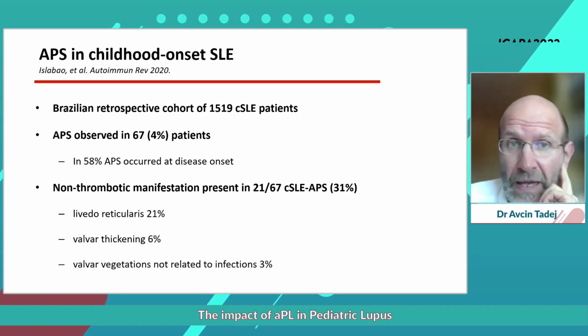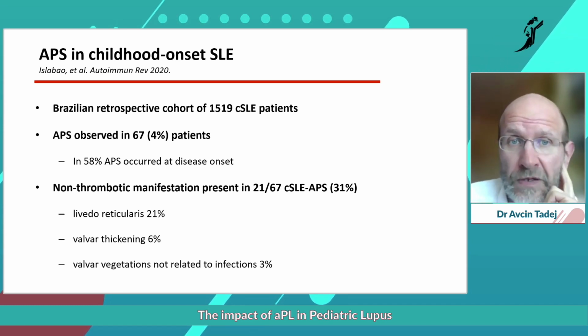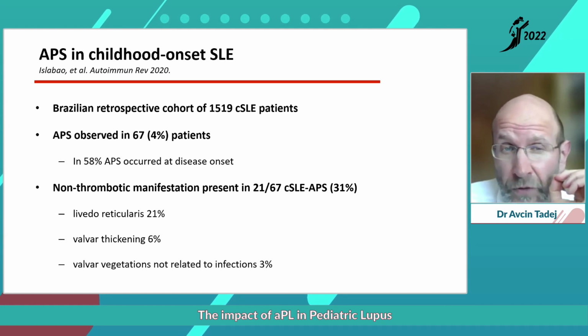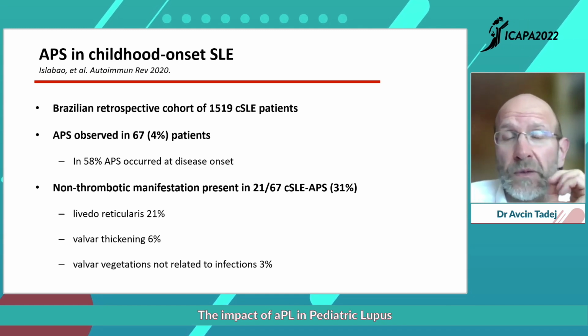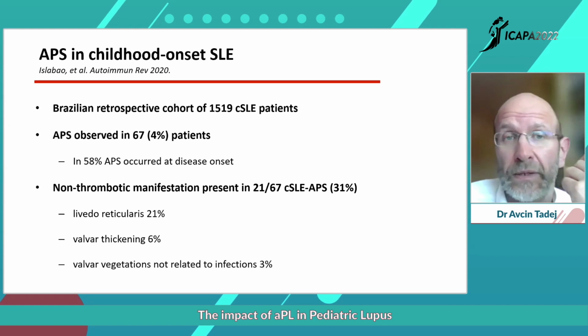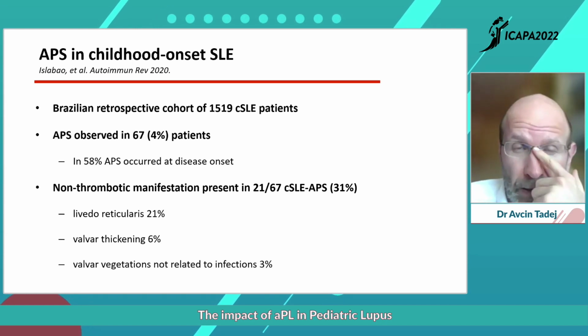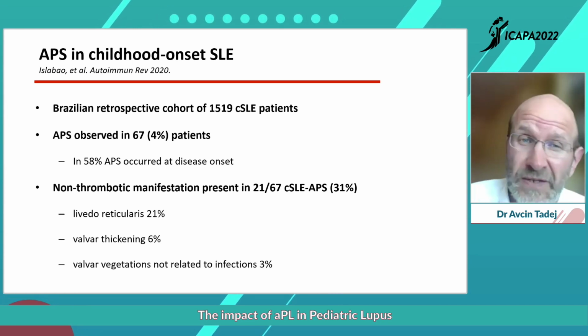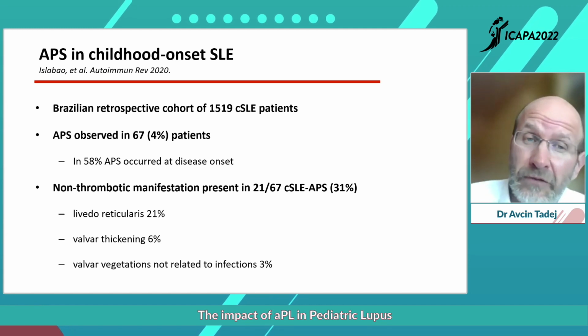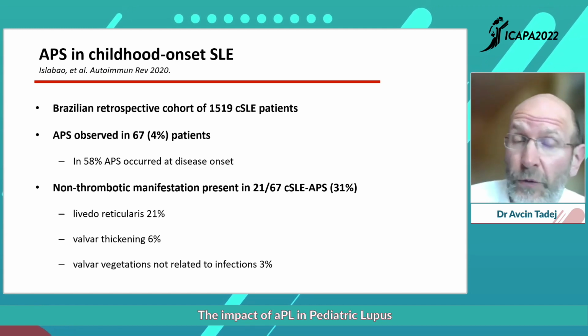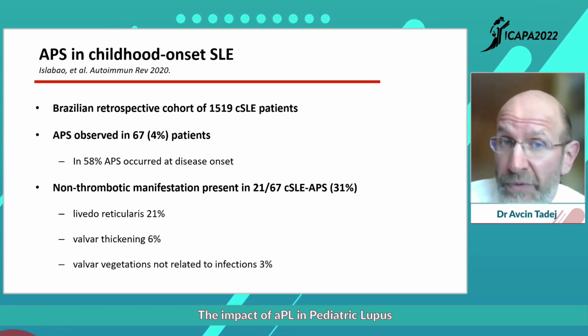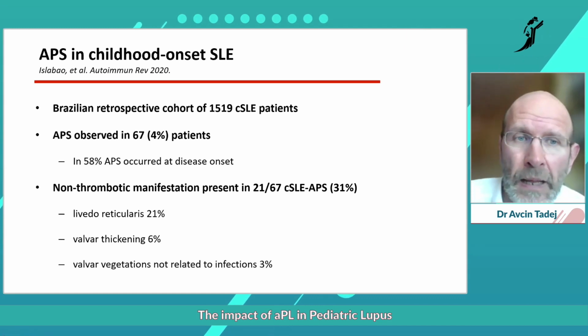They observed APS in 4% of these patients. And what was of note, 58% of these patients presented with antiphospholipid syndrome. So in pediatric patients, in children with SLE that develop APS, it is quite frequently the presenting manifestation.